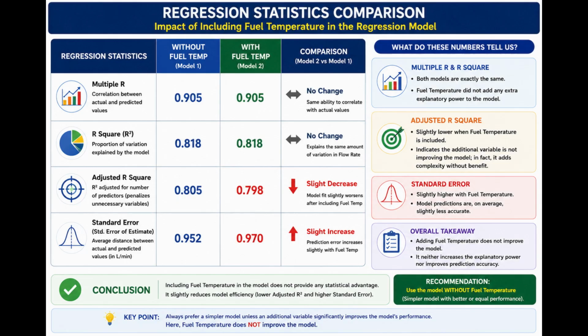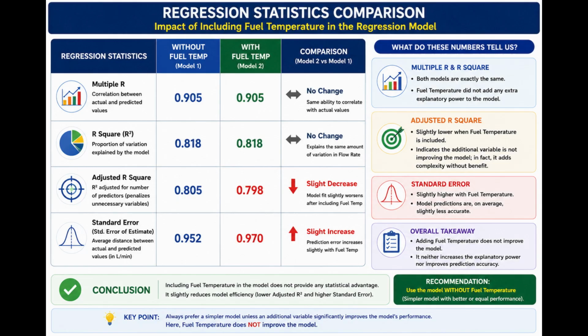So adding fuel temperature has not improved the correlation. Second output, R square. In both cases, R square is 0.818. This means 81.8% of the variation in flow rate is explained by the regression model, regardless of whether fuel temperature is included or not. Fuel temperature is not increasing the explanatory power of the model.